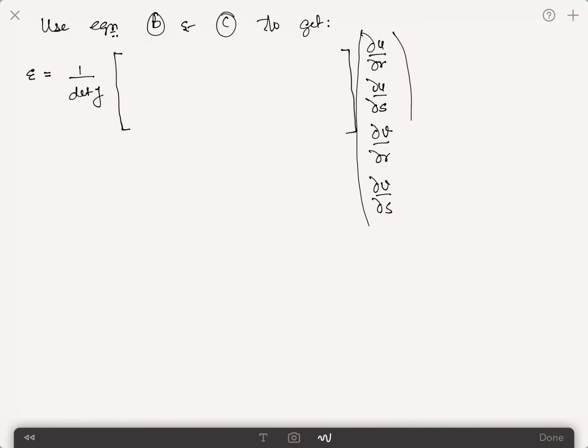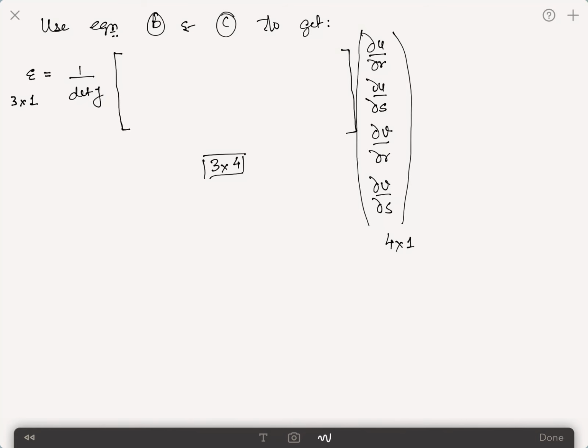Now this is a vector which is 4 by 1. The epsilon is a vector which is 3 by 1. So in order to get to the right dimensions, we need this particular matrix to be 3 by 4. That is what we need.